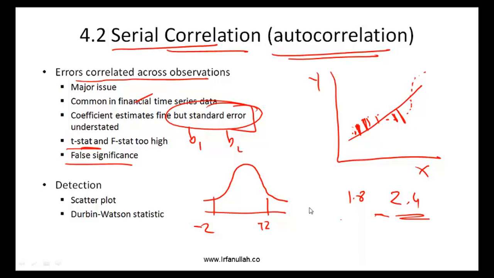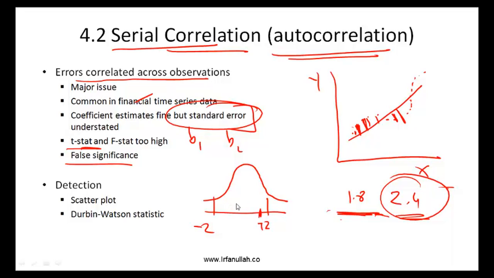You will reject the null and you will believe that your data is significant, that B1 is significant. But that will be a false significance because your decision was based on an overstated value of the test stat. The actual value of the test stat should have been 1.8. So in actuality, you should not have been rejecting the null. So that's the problem that's created by serial correlation.